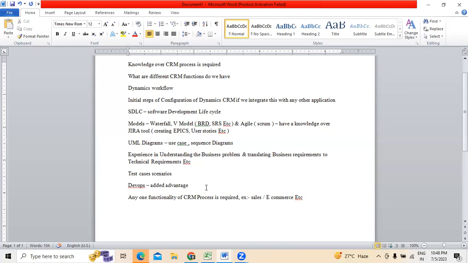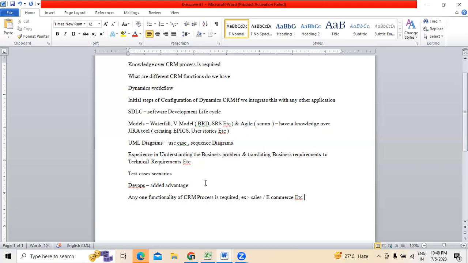So knowledge of any one CRM process is required because it is customer relationship management; either you may be going for sales, marketing or e-commerce, everywhere it is the same. So you don't see much difference in it.